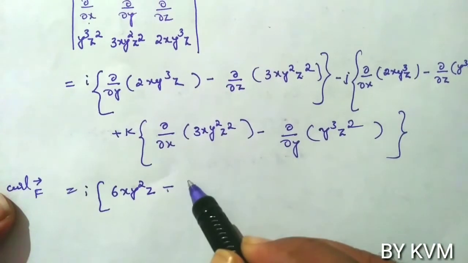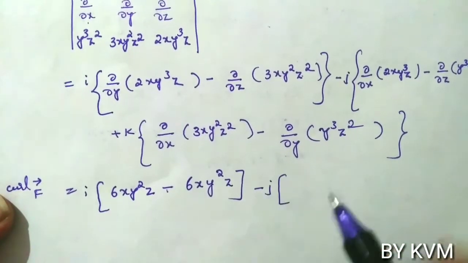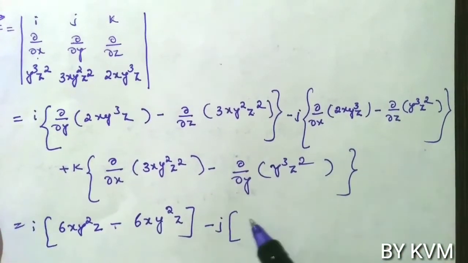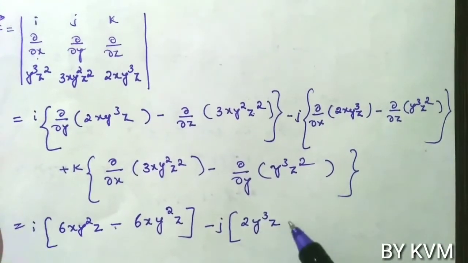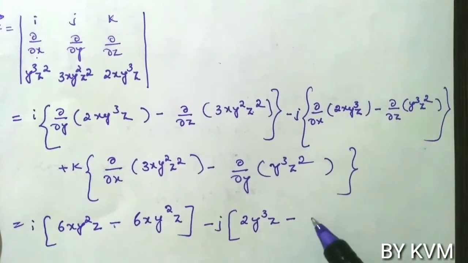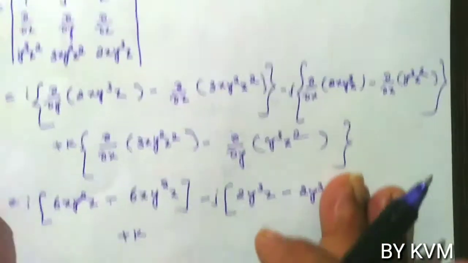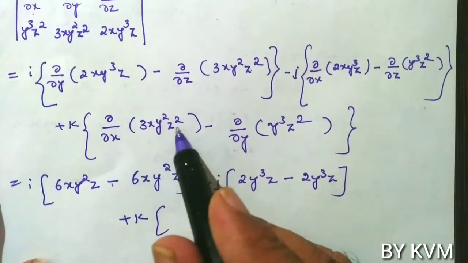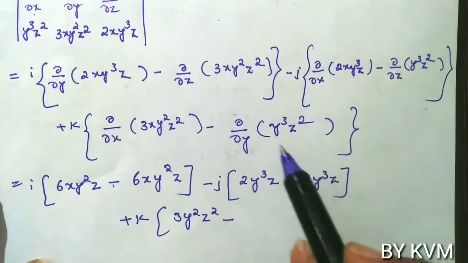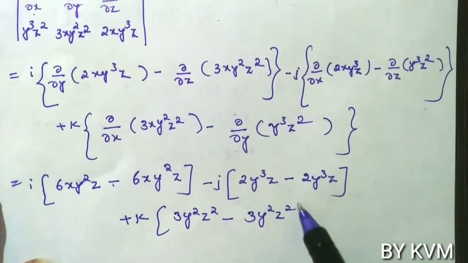So x and y are constants, so 6xy square z, minus j, so ∂/∂x of 2xy cube z, y and z are constants, so 2y cube z, minus ∂/∂z of y cube z square, x and y are constants, so here 2y cube z, plus k times ∂/∂x of 3xy square z square, y and z are constants, so 3y square z square, minus ∂/∂y of y cube z square, so x and z are constants, so here it is 3y square z square.